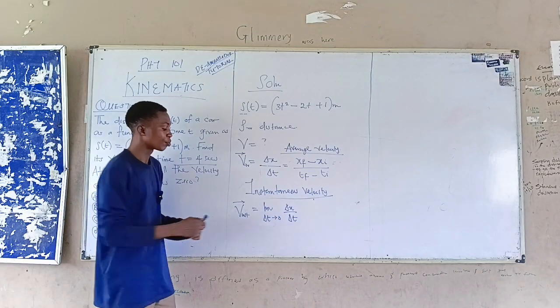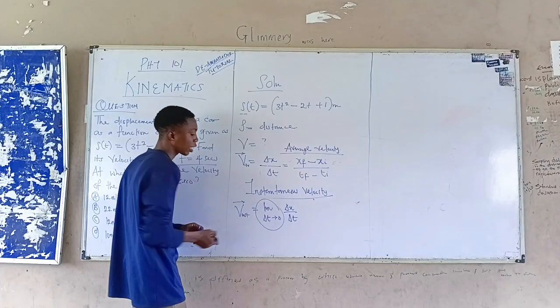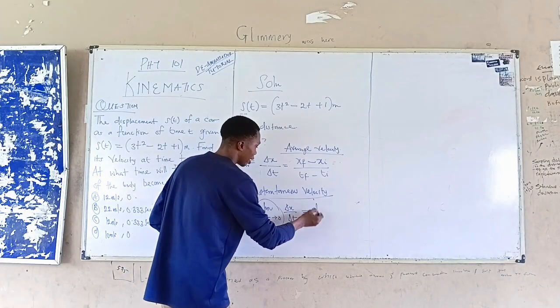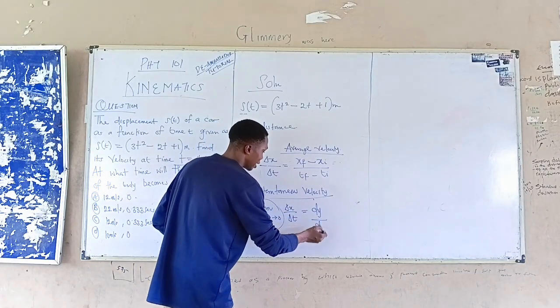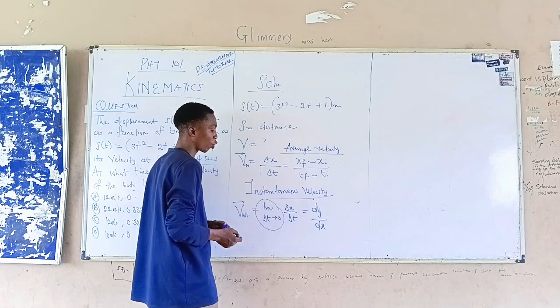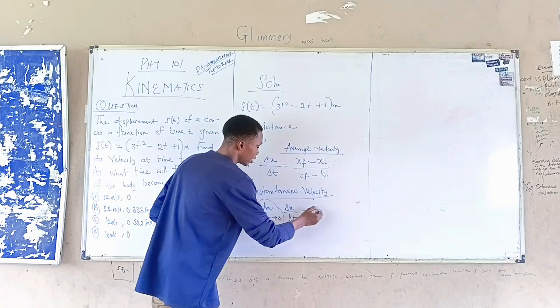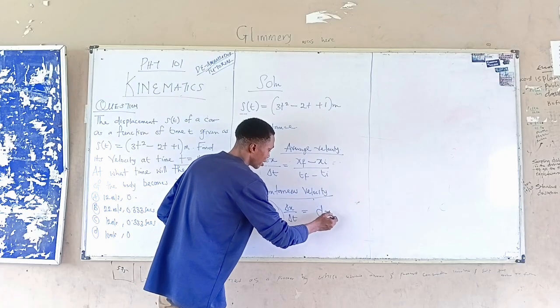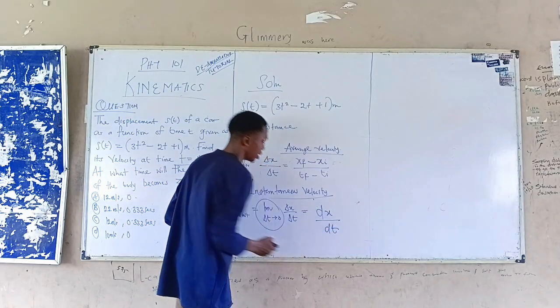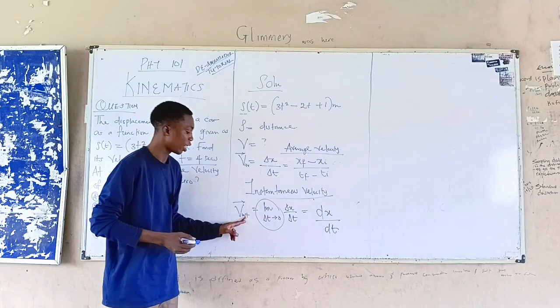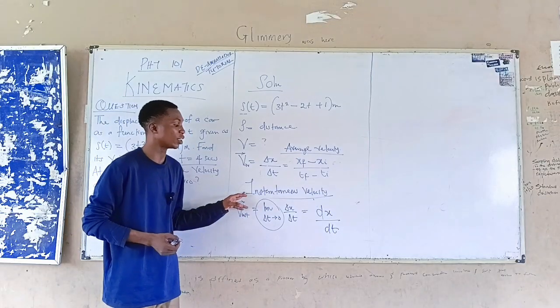And for us to do that, this can be written as dy over dx. For this case, we are not going to call it dy over dx, rather we call it ds over dt. So this is the formula we use anytime we are given instantaneous velocity.